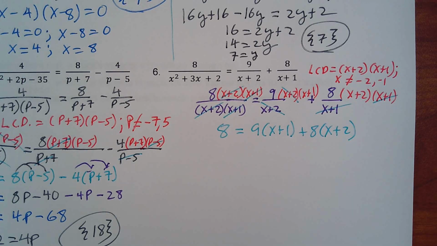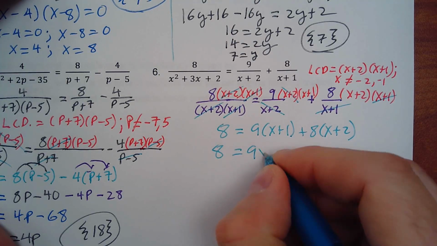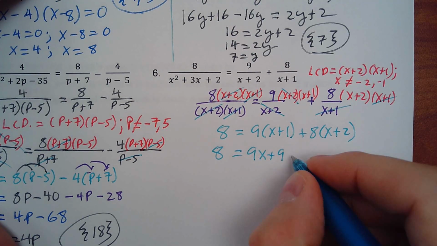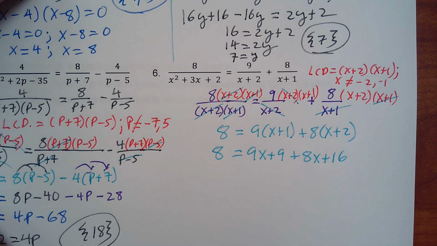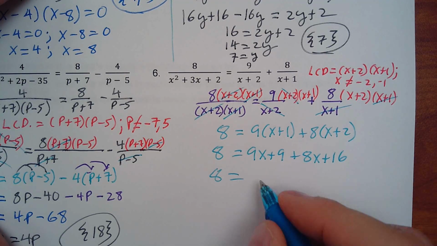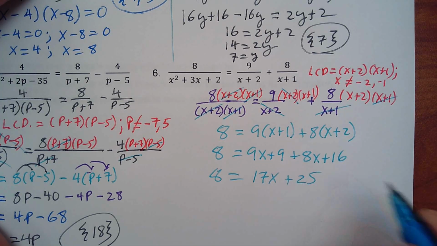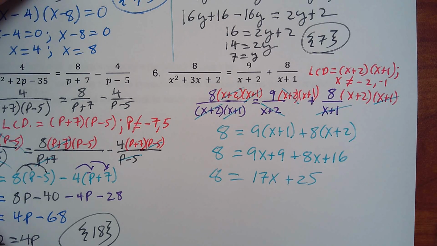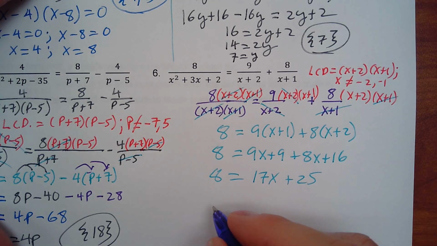And then we're going to distribute. So this would be 9x plus 9. That's 8x plus 16. Combining like terms, that would be 17x plus 25. And now we're going to solve this. We're going to subtract 25 from both sides.